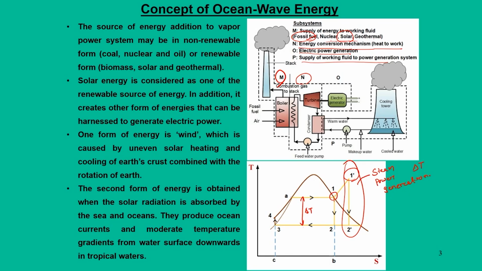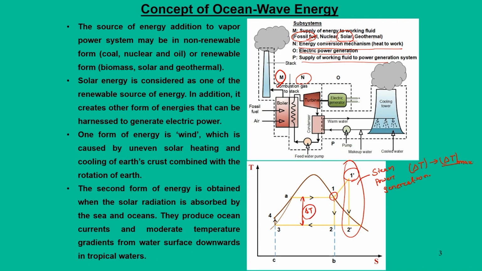We can keep it at the maximum delta T possible for a fossil fuel based plant, so that we can typically go to the superheated region in a much easier manner. But in the case of a low temperature power generation system, we do not have the flexibility of delta T being much higher.